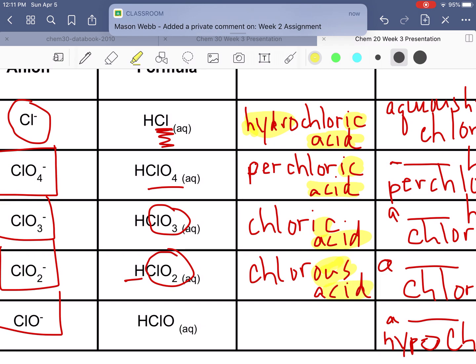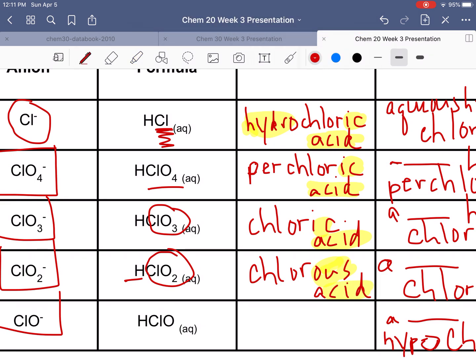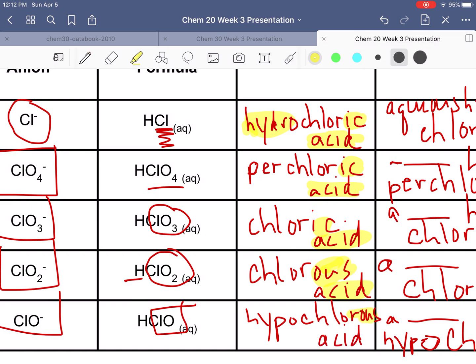There we go. And our very last one as we go is HClO, which is hypochlorite. So we have to include the beginning of the anion, hypochlor. And then instead of it being "ite", it becomes "ous" acid. And that's all there is to it.